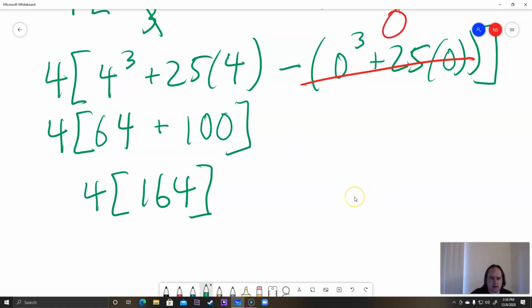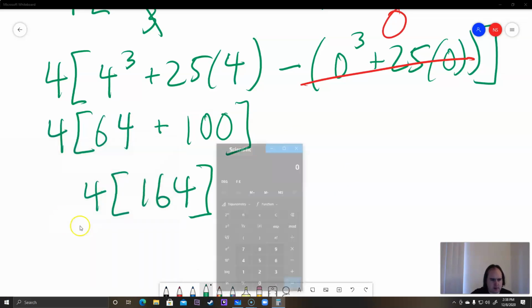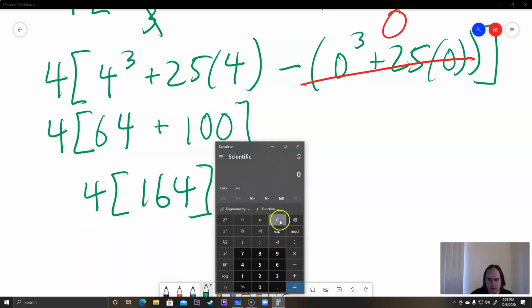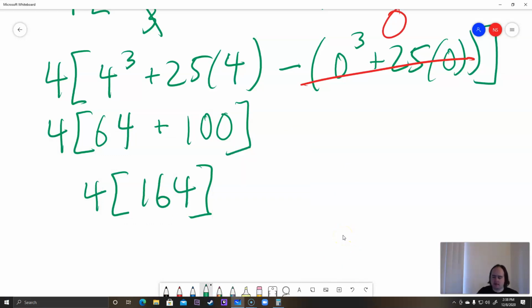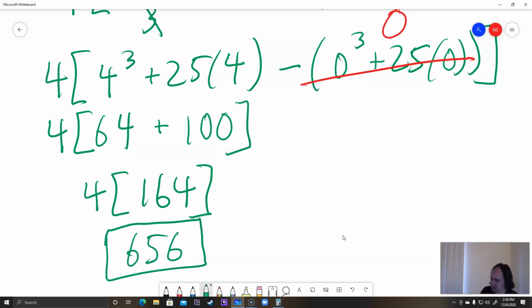I think it's like 656 or something, but why bother when we have a calculator? So let's just type it into a calculator real quick. So 4 times 164 is 656. Okay, so I was right. Okay, cool, so that's our first problem.